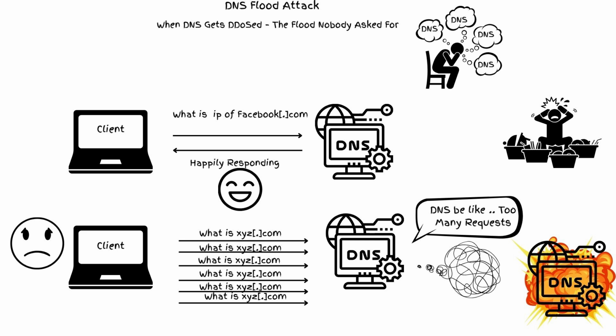Your DNS server will be like, there are too many requests, and it will crash. That's how the DNS flood impacts your organization. What it impacts in the CIA triad is availability. So here we are compromising on availability. If your server doesn't respond in the meantime, it is going to crash.